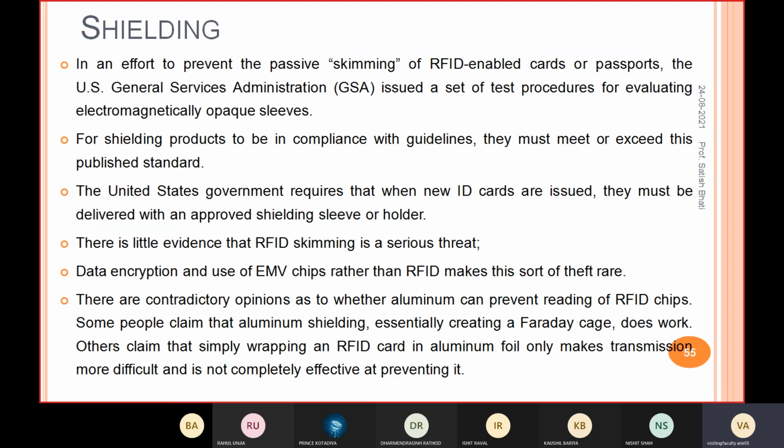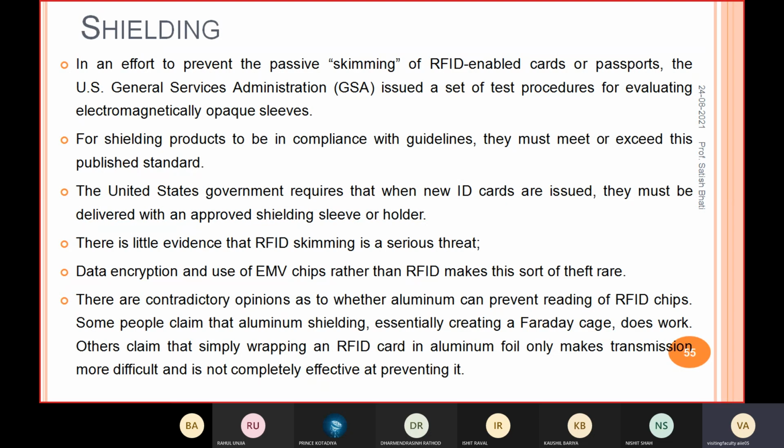Others claim that simply wrapping an RFID card in aluminum foil only makes the transmission more difficult and is not completely effective at preventing it. Maybe some signals may not transmit and receive, but not all. So there is a mixed opinion.